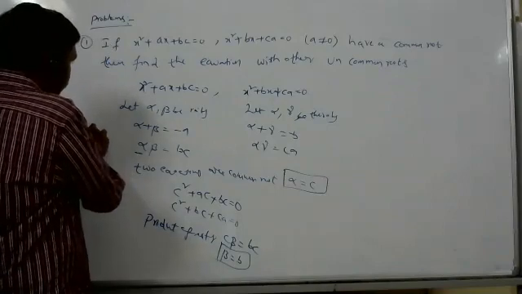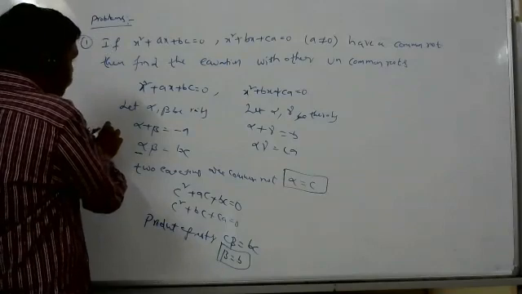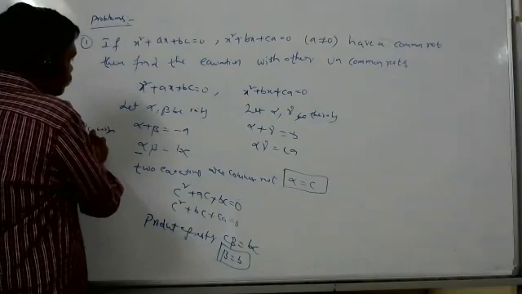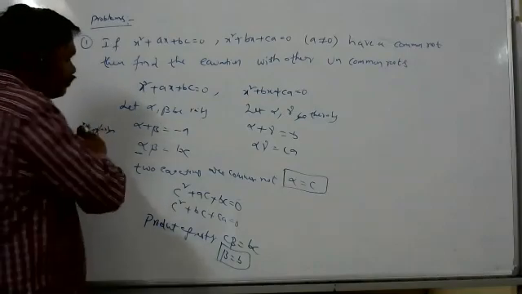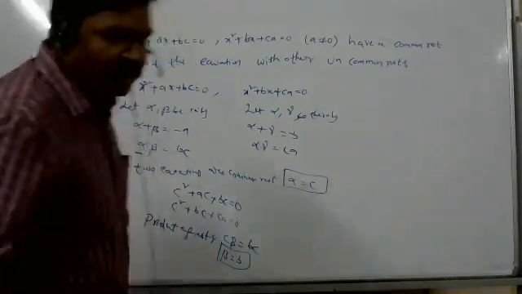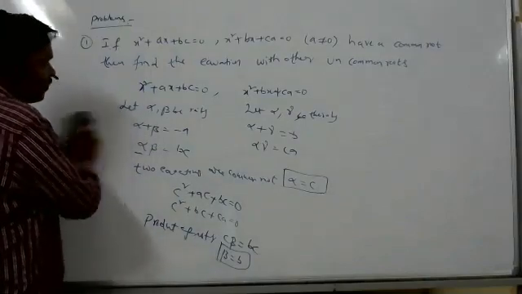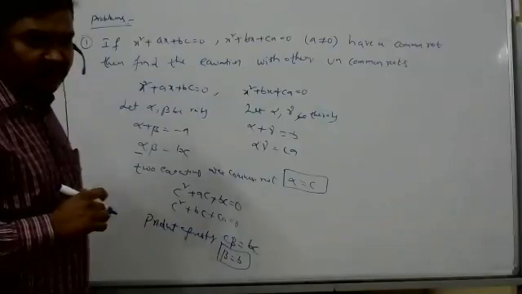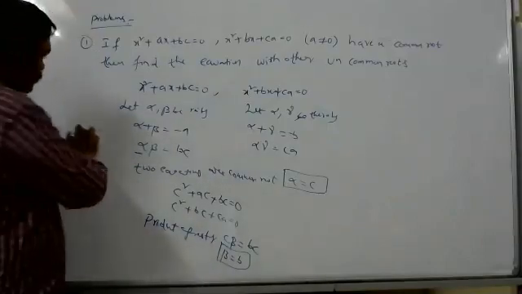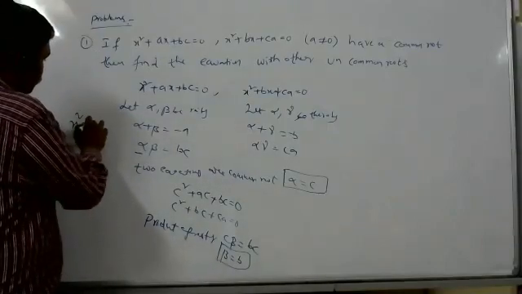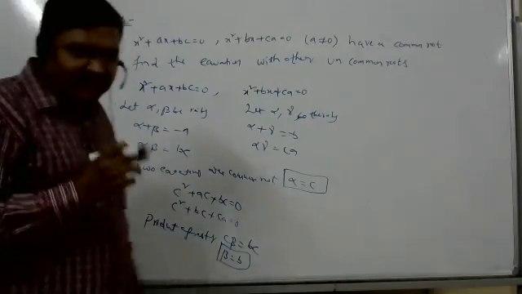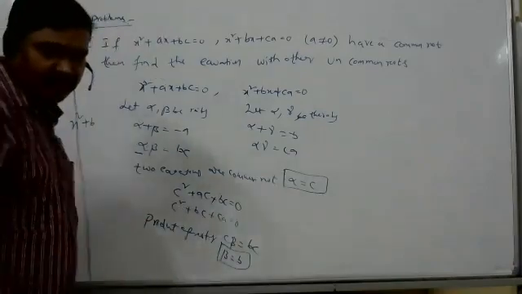So this is the answer in terms of a and b. Answer is a and b. I think it's in terms of a and b, right? Like x square plus bx plus ax plus ab. I think this problem, okay, this one is correct. I don't know.